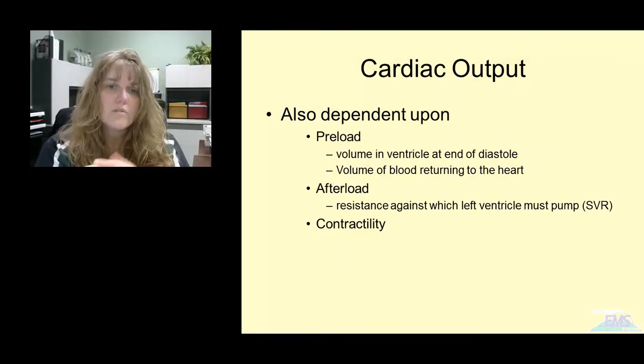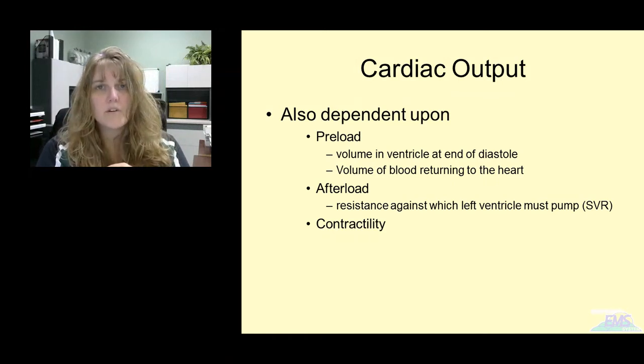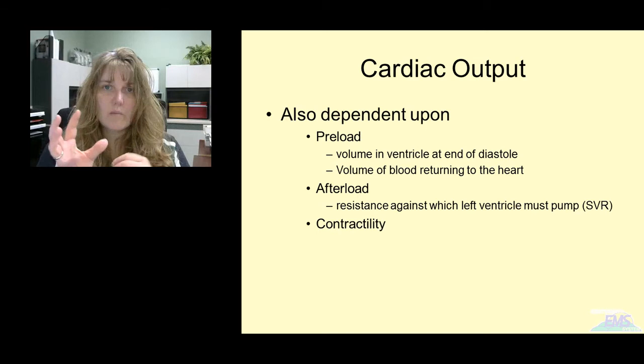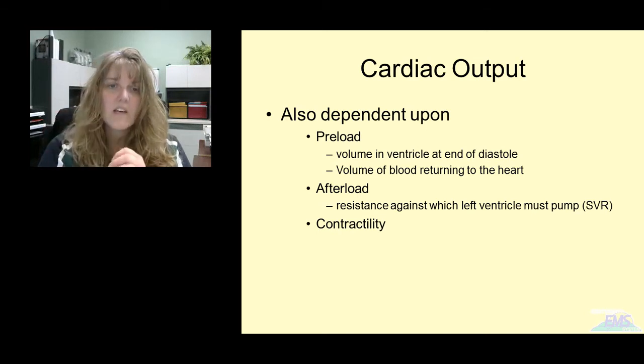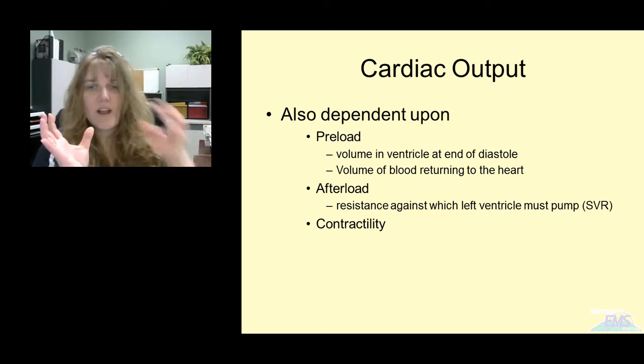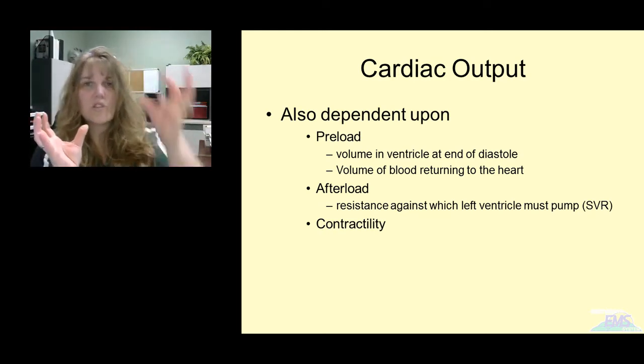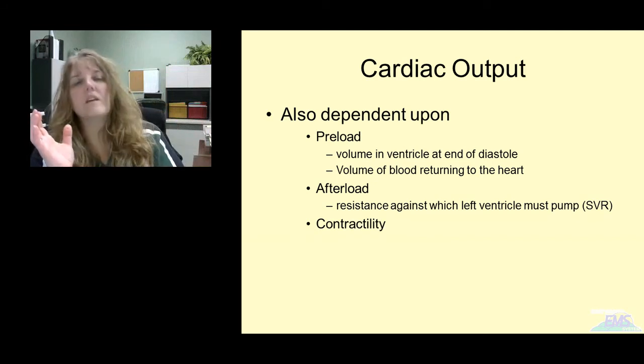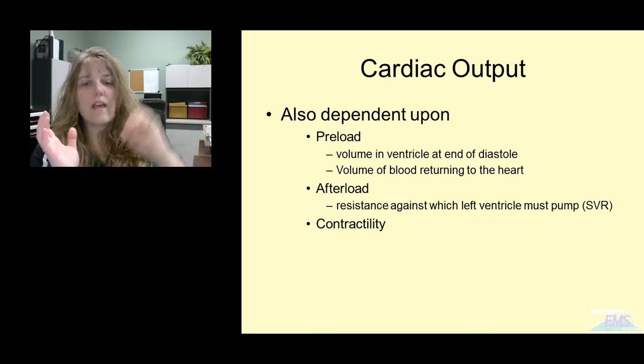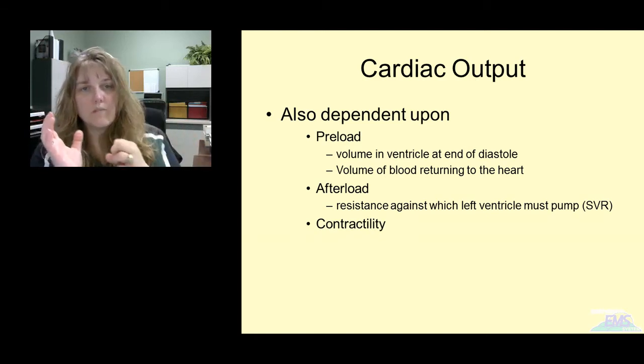Cardiac output also talks a lot about the dependency on preload, afterload, and the heart's contractility, or the ability of the heart to contract. So with preload, we're talking about the volume at the end of diastole, so how much has been dumped in and is sitting in there, and how much is actually coming up from the inferior vena cava, from the lower part of the body, that's able to be dropped in and returned to the heart.